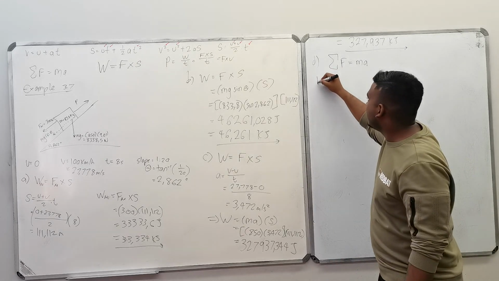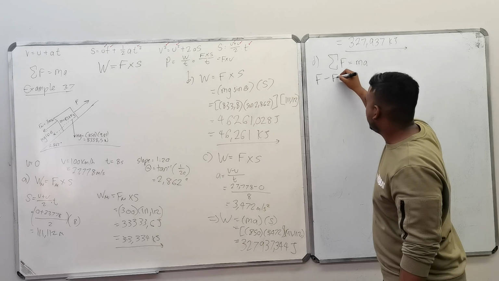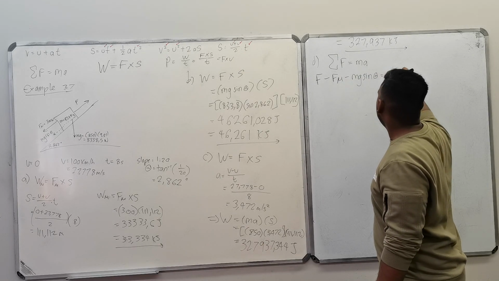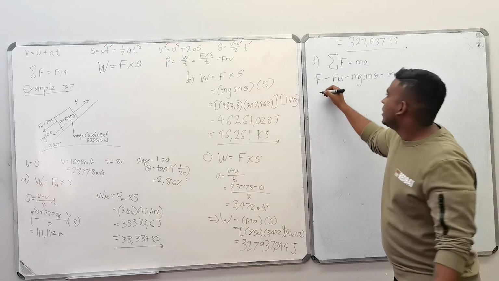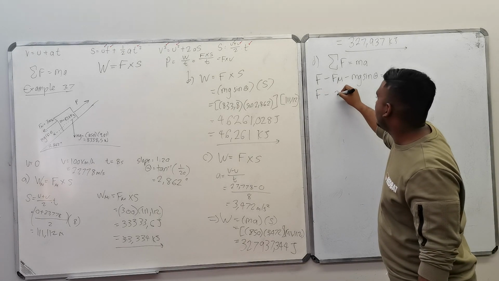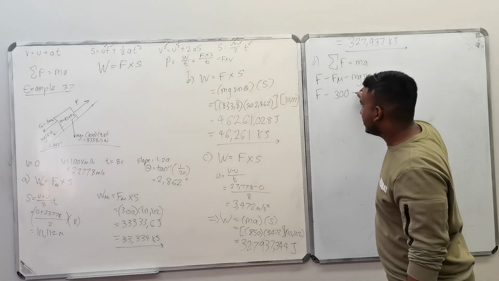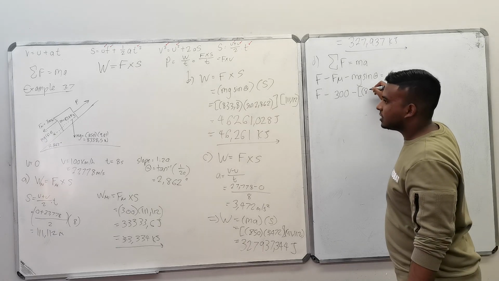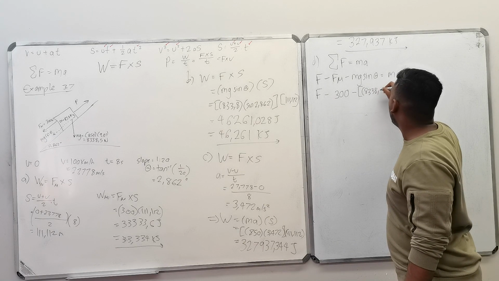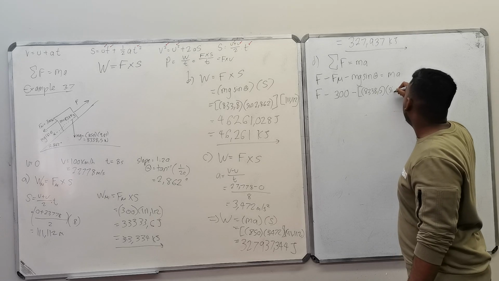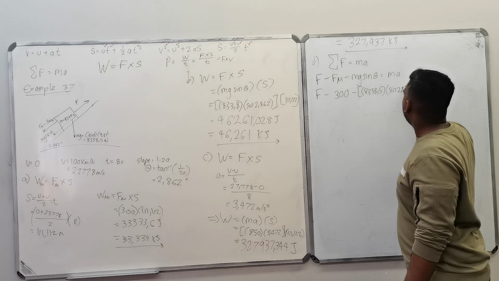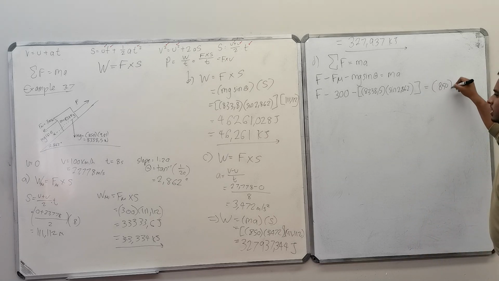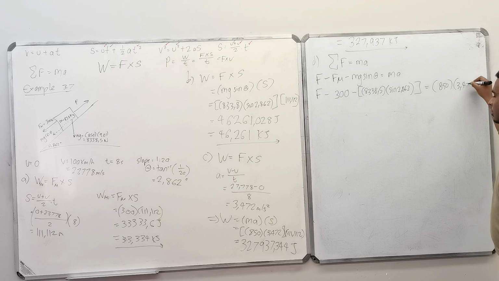Your first force is the applied force minus the frictional force minus the gravitational force equal to MA. This value here we know is 300 minus 833.8 times sine 2.862, equal to 850 times 3.472.